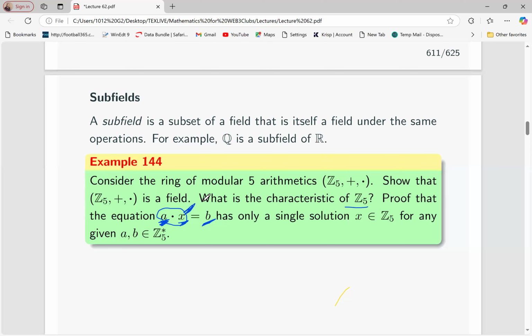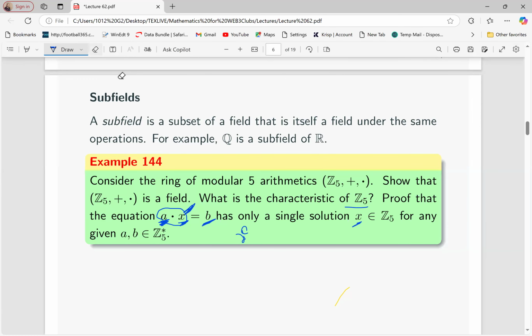You can never get X to have two values, like C and D at the same time. That's what I mean by show that AX equals B has only a single solution. So you have those three questions that we want to look at before you go to some applications.